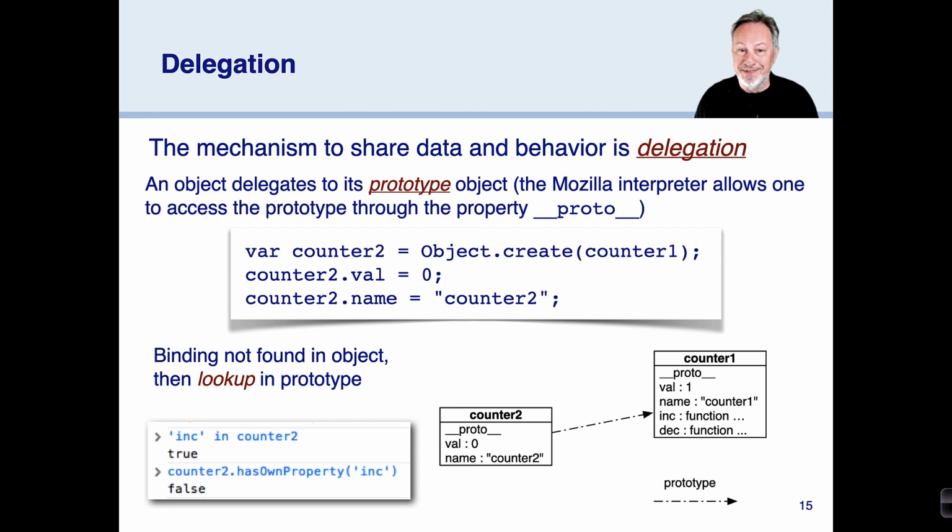An object will delegate to its prototype object. For example, in the Mozilla interpreter, the way to access the prototype is through the property whose name is __proto__.